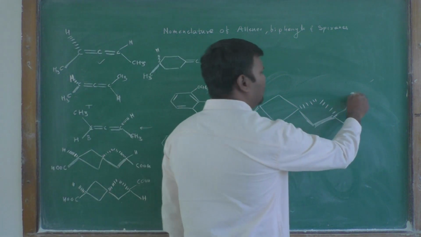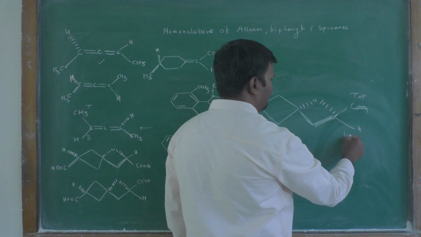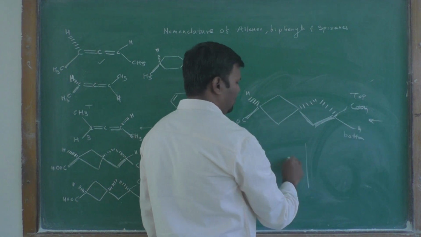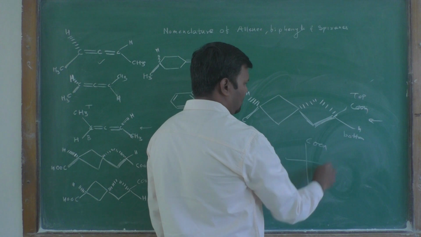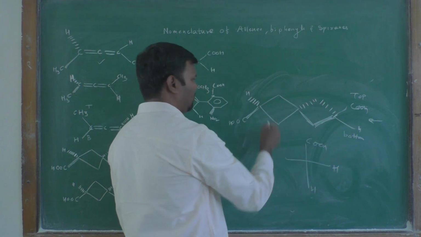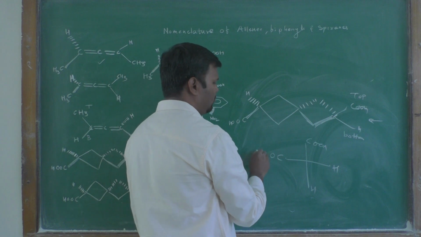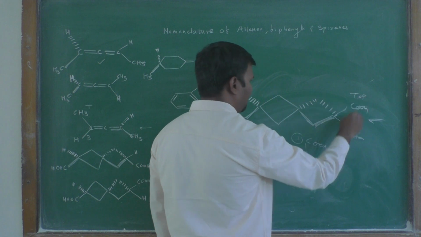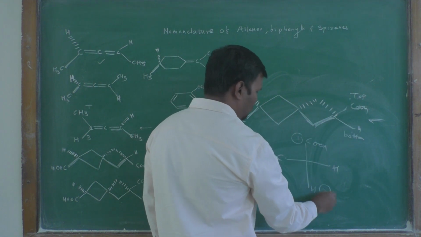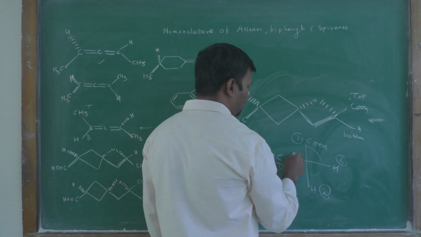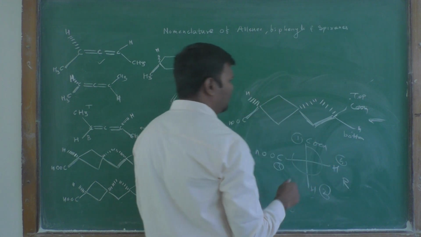That is the top one. As previously, this is the top, your hydrogen is the bottom. Therefore you are looking from this side. Top is the COOH, bottom hydrogen, right hand side hydrogen. You are looking from the left hand side COOH. You have to give the priority first. From where you are looking, on this side you are looking, therefore priority is given to this group 1 and then 2, 3 and the 4. Therefore 1, 2, 3, your configuration should be R when it is looked at from this side.